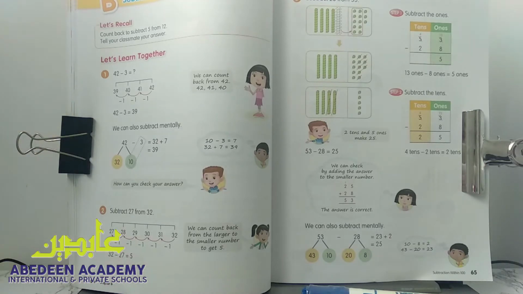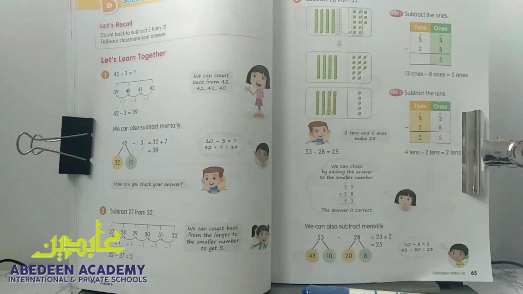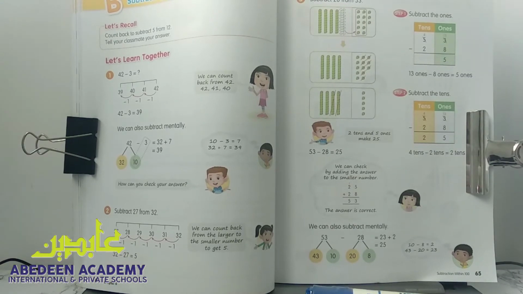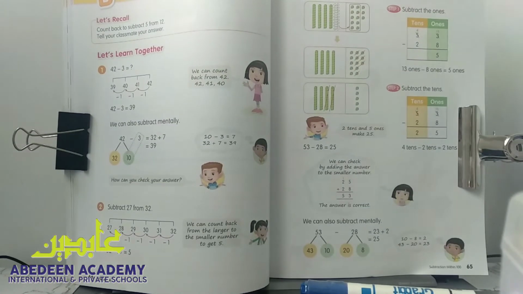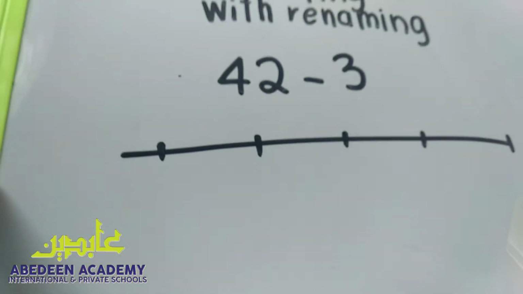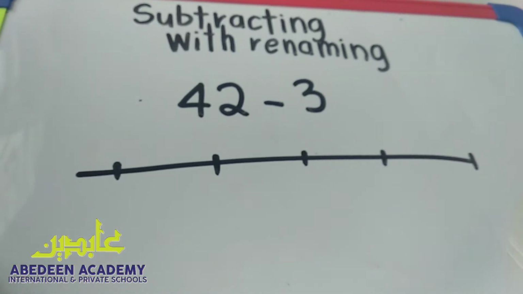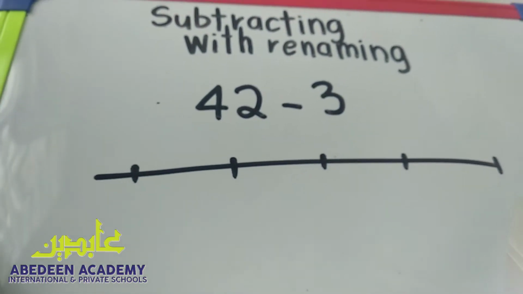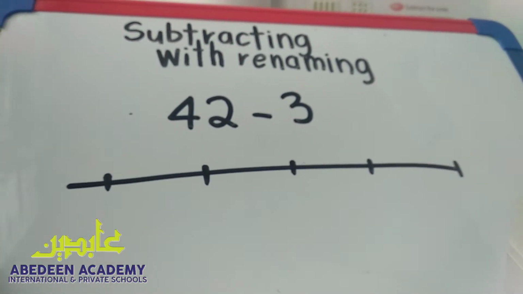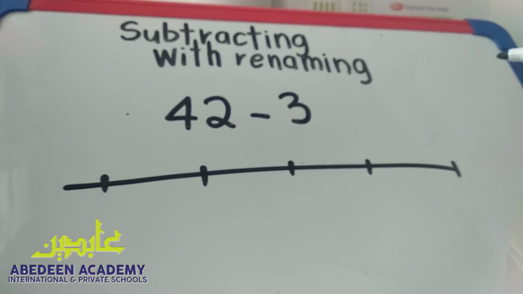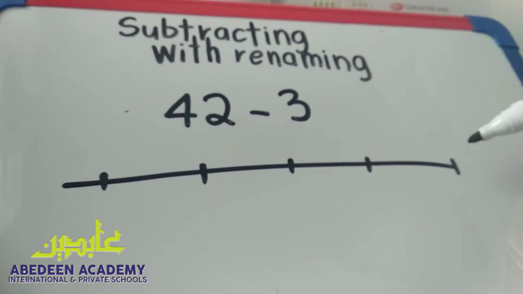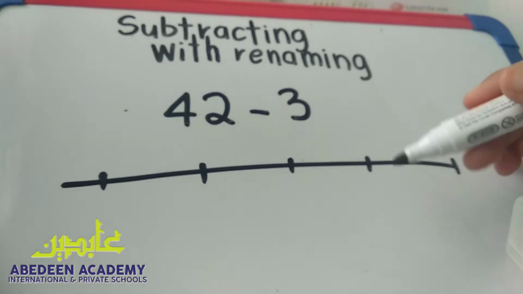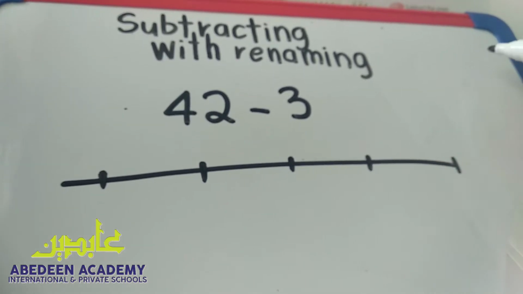42 minus 3. Easy. If you do this with a number line, okay, like this. Subtracting with renaming. 42 minus 3. Before, I've taught you how to label all the number line from the right side.